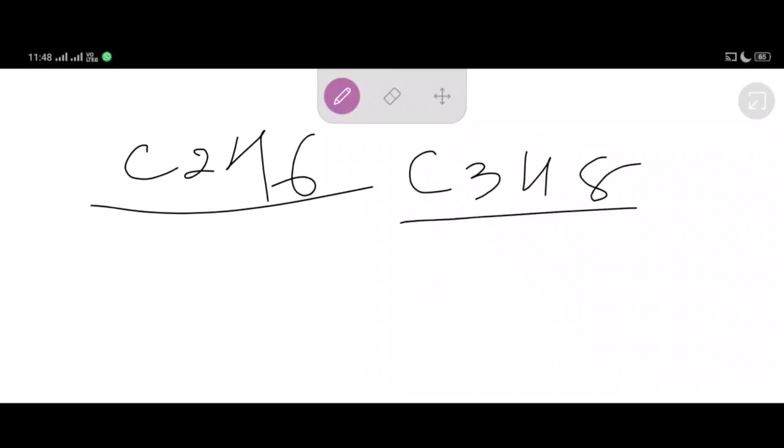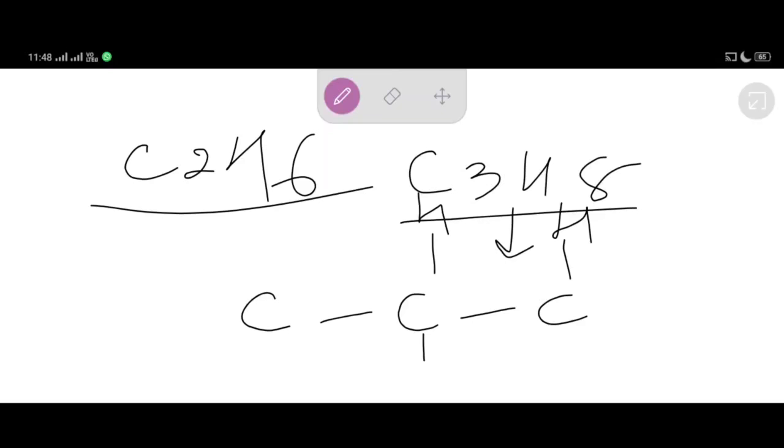First rule, you have to identify how many carbon atoms this particular compound comprises. For example, let me open this. This is like this: 1, 2, 3 carbons, and 8 hydrogen atoms out there.